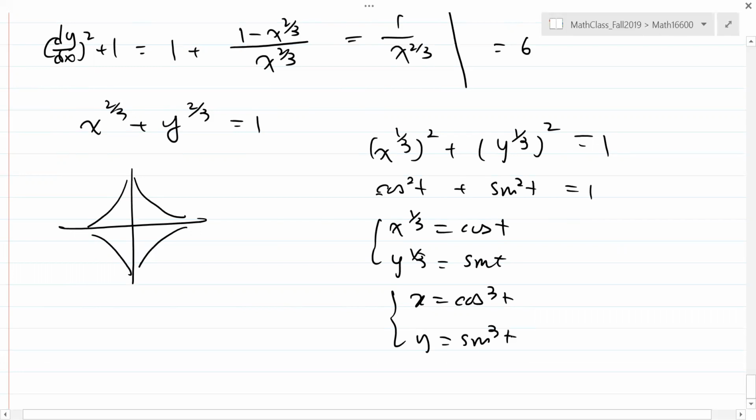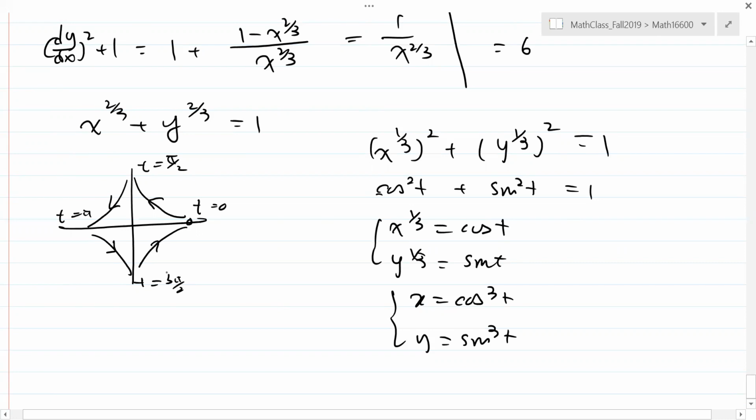So when t changes from 0 to half pi, then from half pi to pi, you will get all those 4 pieces. When t equals 0, t equals pi over 2, t equals pi, t equals 3 pi over 2, they're going around.